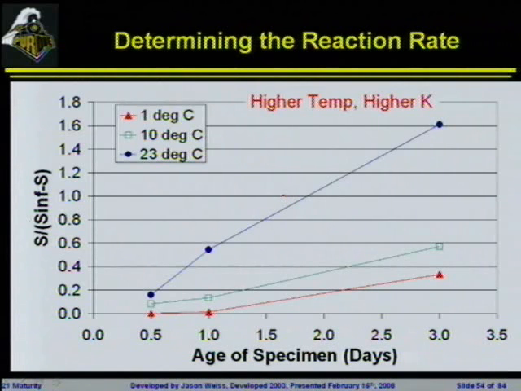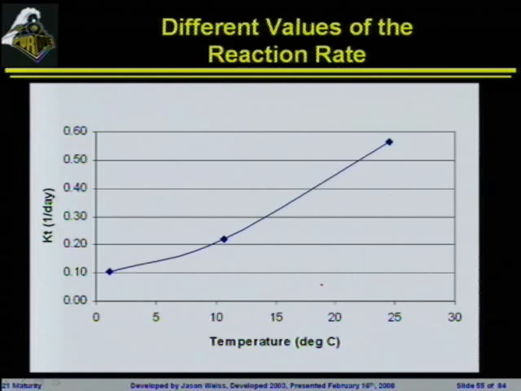Determining the reaction rate, simple way that this is going to be done. You're going to test specimens at different temperatures. Once you have those specimens at different temperatures, at different ages, you are going to simply plot this function, S over S infinity minus S, versus the age, and each one will have a different slope. That gives you indication of the rate of reaction when the concrete is stored at different temperatures. You can plot this out, and you will see that your KT value is now a function of temperature.